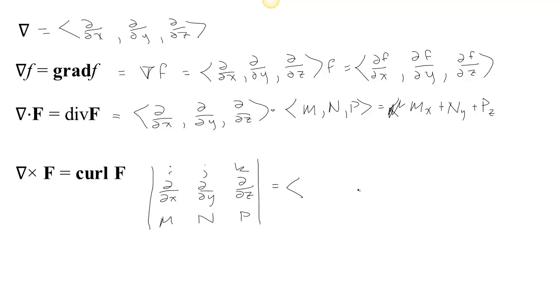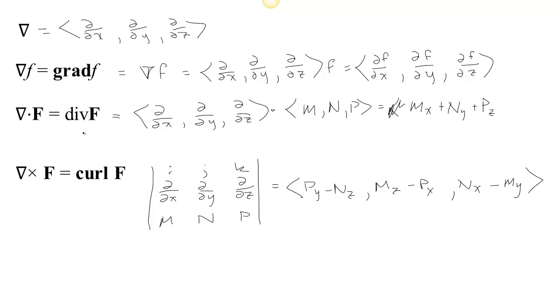And then this notation just reminds you of what the curl is. The first component of the curl is p sub y minus n sub z. The second component of the curl is m sub z minus p sub x. And the third component is k times n sub x minus m sub y.